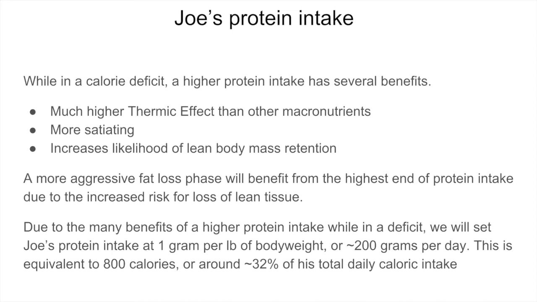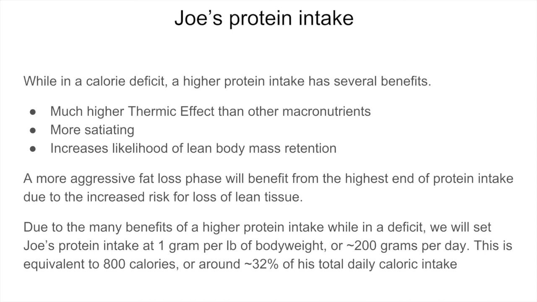So for protein intake, a higher protein intake is going to be beneficial due to several mechanisms while you're in a caloric deficit. So protein has a much higher thermic effect than other macronutrients. It's more satiating, and it increases the likelihood of lean body mass retention.